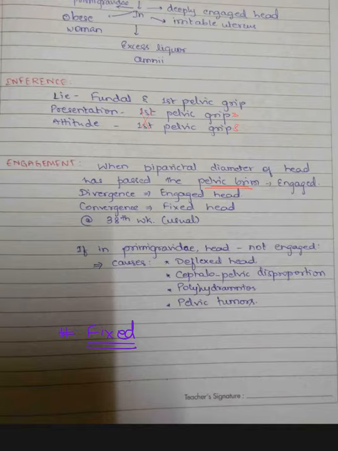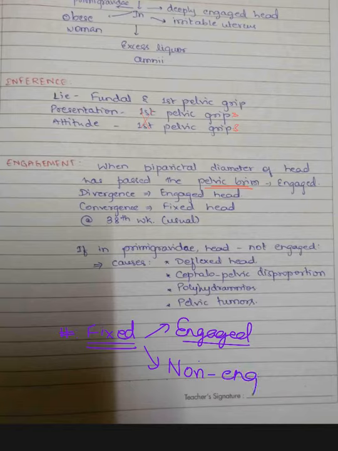Therefore a fixed head can be either engaged or not engaged. An engaged head has to be a fixed head, but a fixed head may or may not be an engaged head. That's a very important concept.